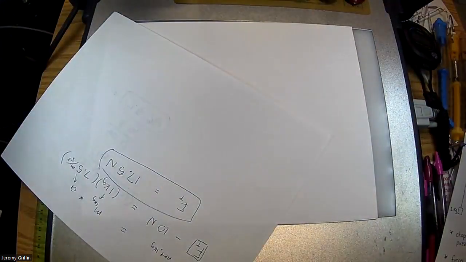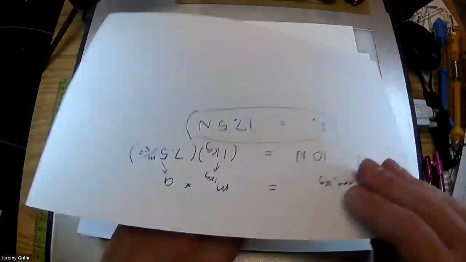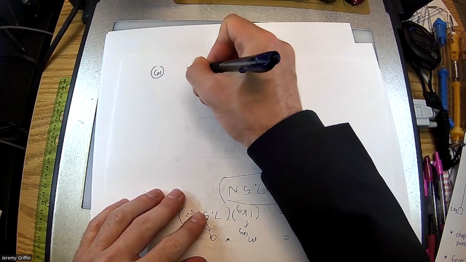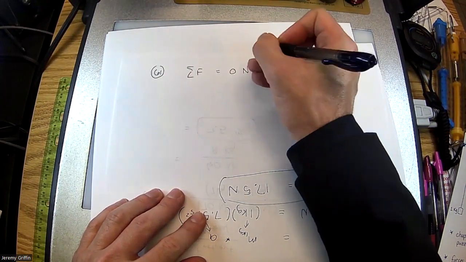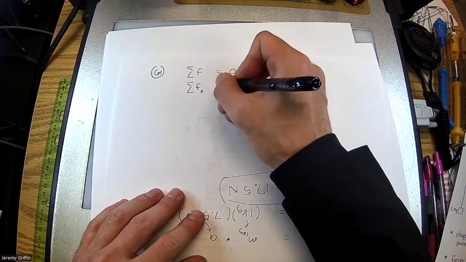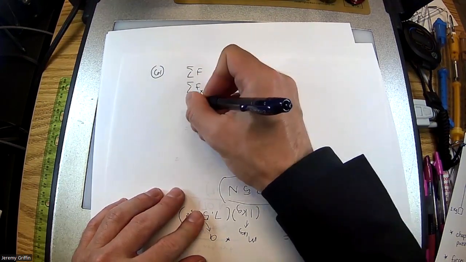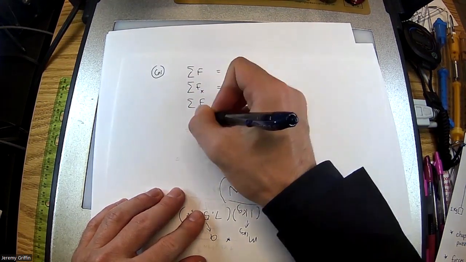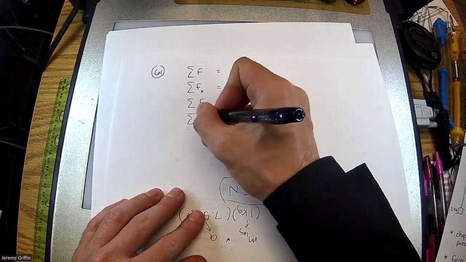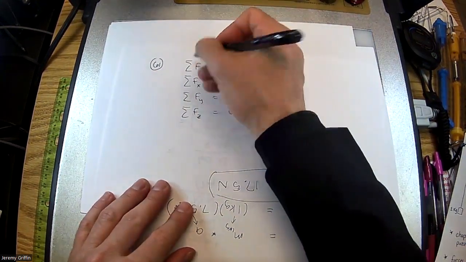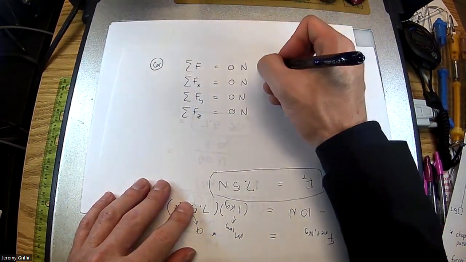So for 61, I could say that the sum of the forces is 0 newtons. If you want to get even more specific, if you introduce some kind of Cartesian system, you could say in each direction, the x direction and the y direction, and even the z direction, 0 newtons. What they're really looking for, I think, is just that first one.